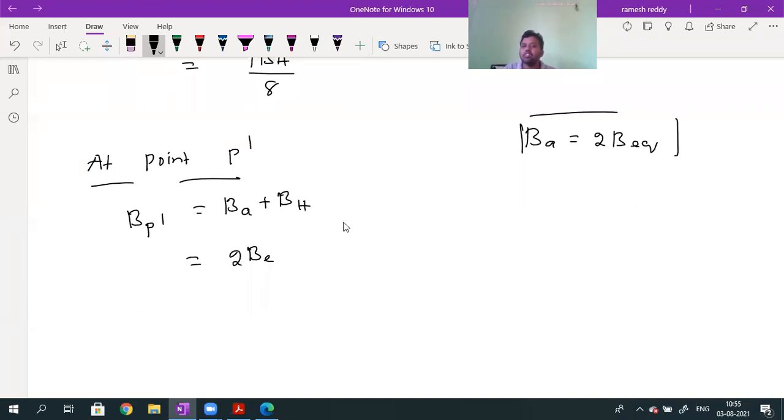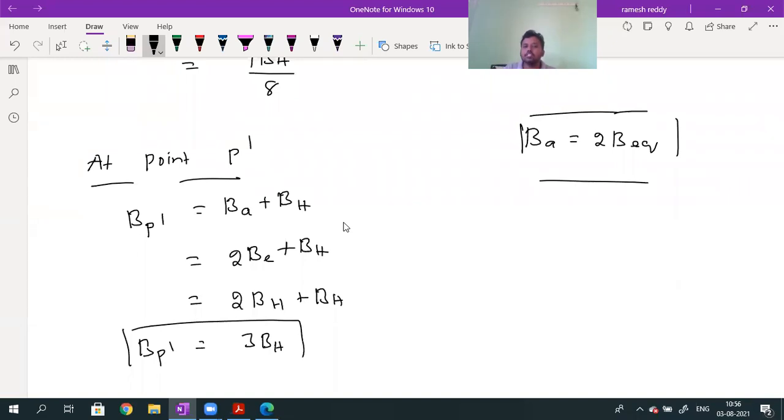So BA can be written as 2 into BE, plus BH. But as per the null point condition, BE is equal to BH. So 2 into BH plus BH. The final answer is BP dash equal to 3 into BH.